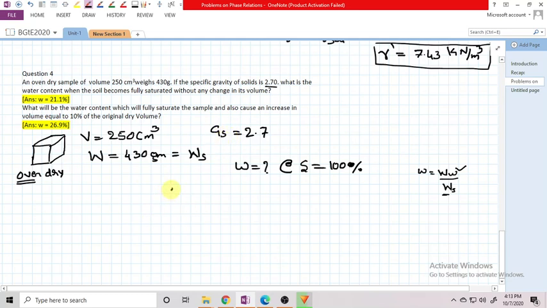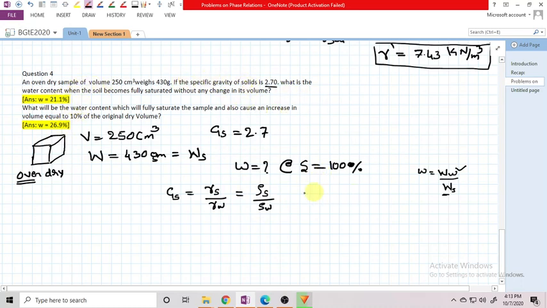What is specific gravity? Specific gravity is nothing but unit weight of solids by unit weight of water, or density of solids by density of water. Let me check, densities are not given.